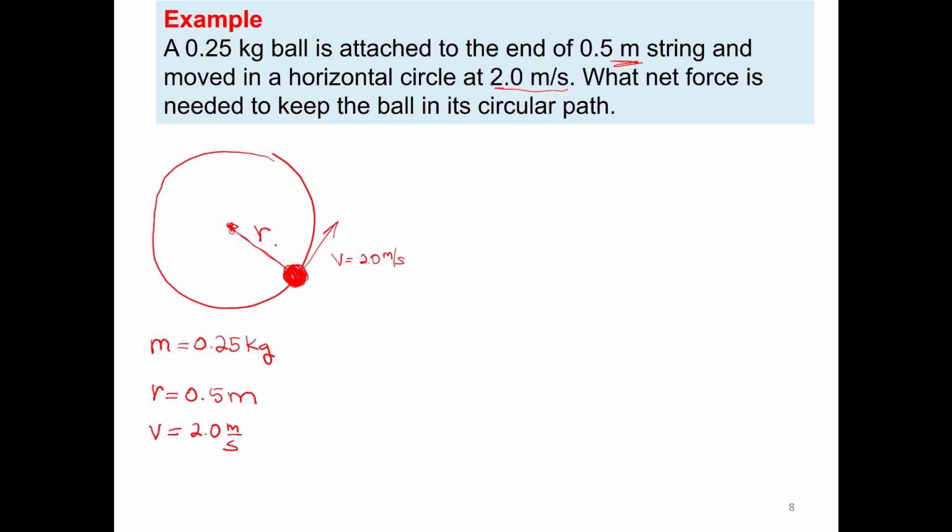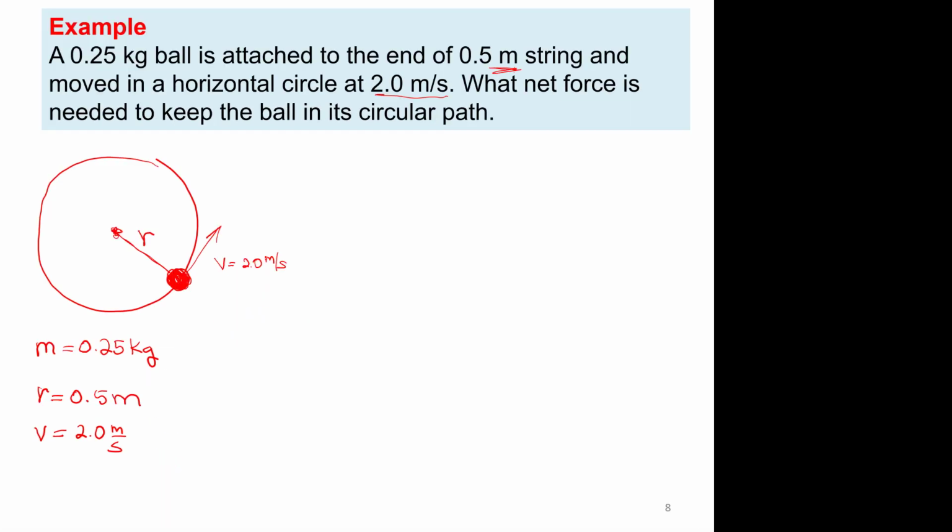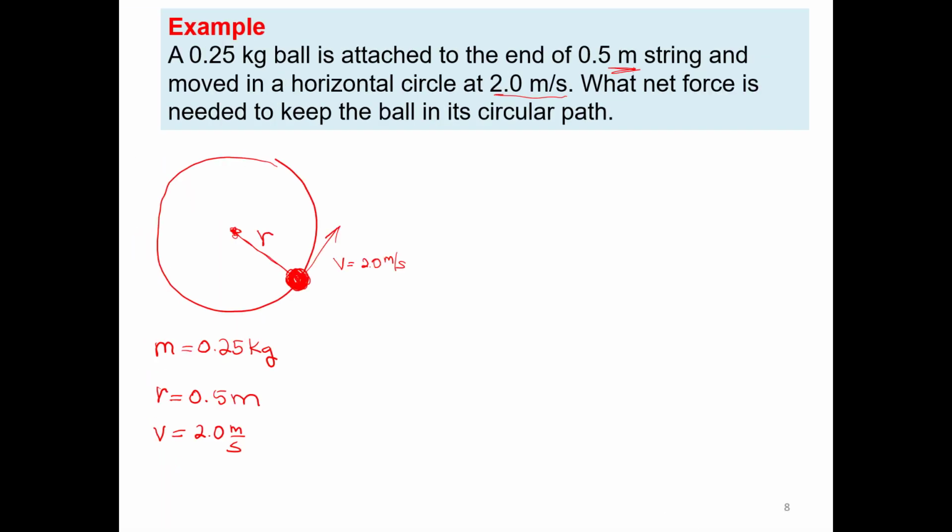Remember, the force always points to the center of the trajectory. So we want to calculate this force, the centripetal force, which is mass times velocity squared over radius.